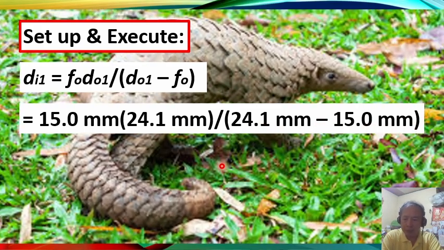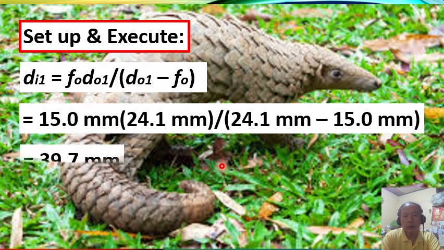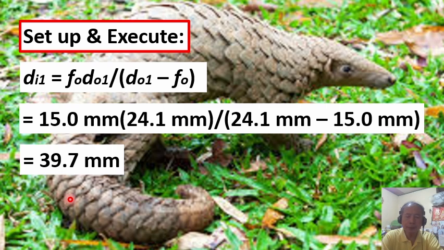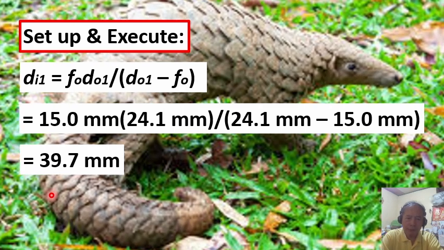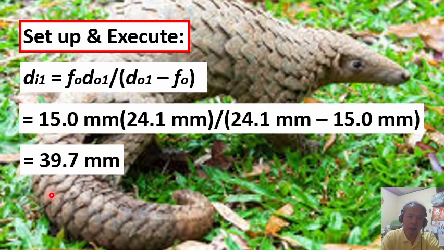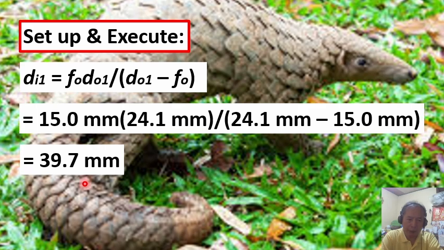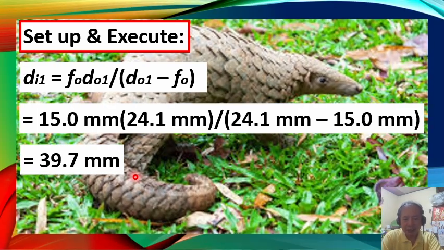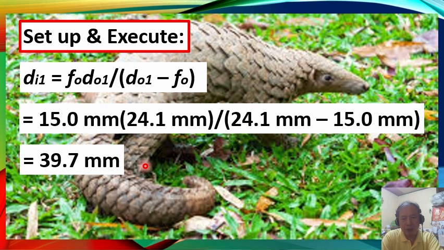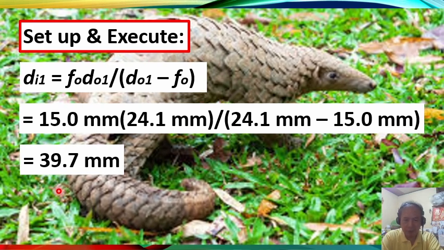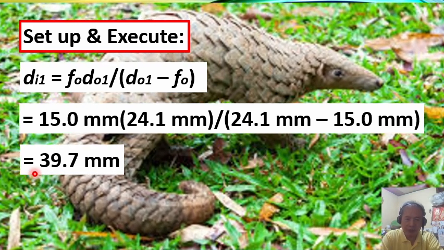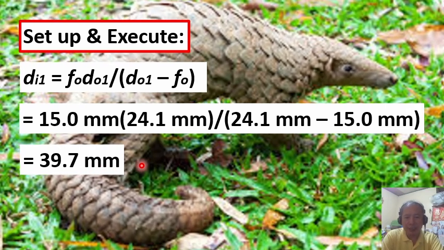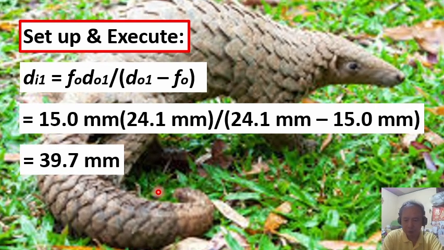So when we do our math, we get the value of d sub I1, or the image distance number 1. How far the first image is from the objective, right? So the answer is 39.7 millimeters in 3 significant figures.